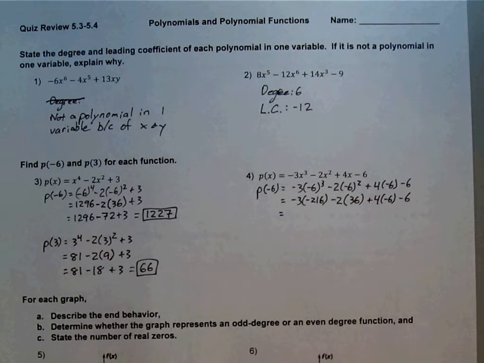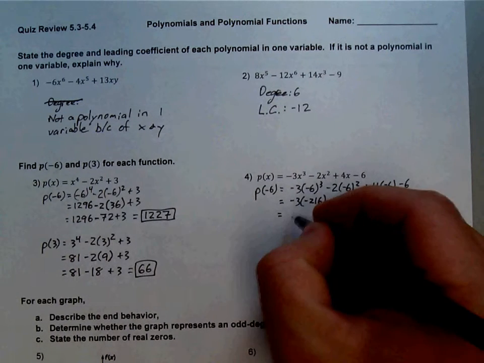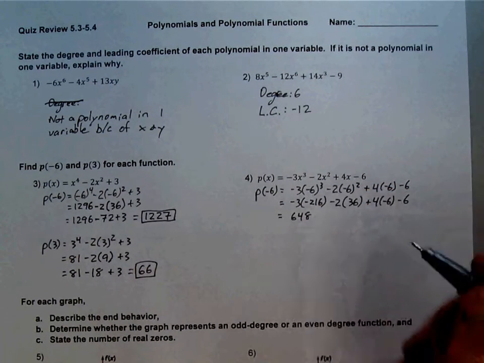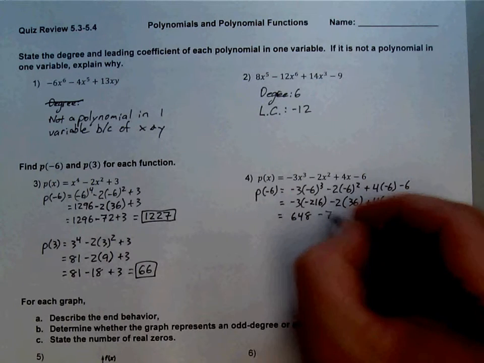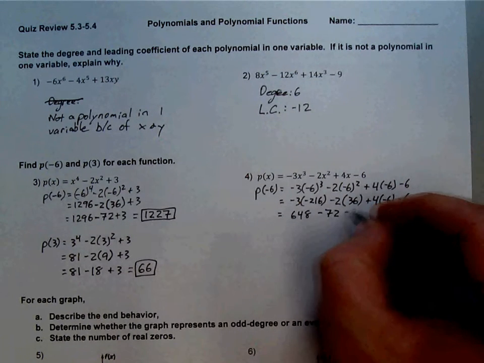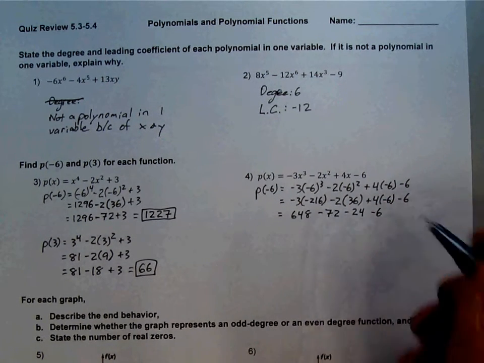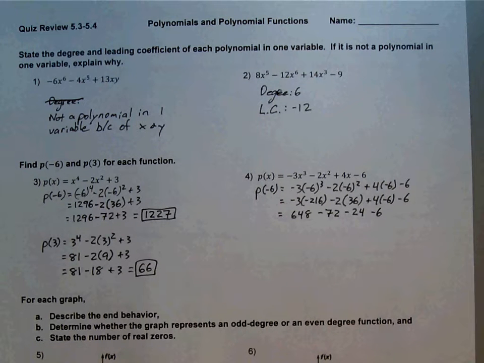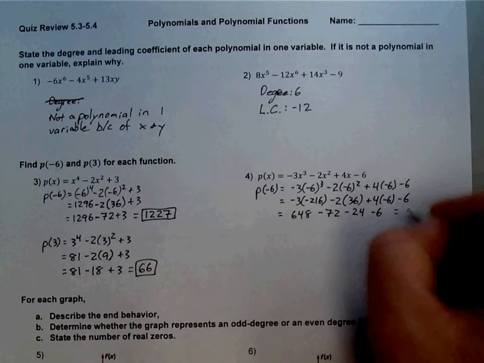Negative 3 times negative 216 is 648. Minus 72. Minus 24. Minus 6. So 648 minus 72 minus 24 minus 6. We get 546.